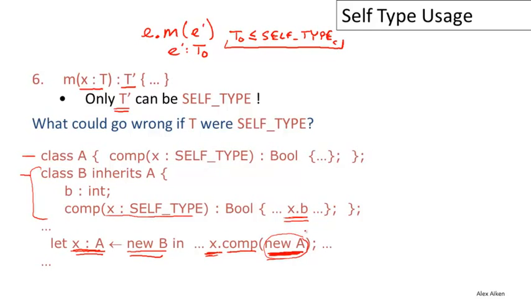Just to go over that one more time to make sure it's clear: here x has static type A but dynamic type B. The argument has static type A and dynamic type A. When this method gets invoked, the argument, which is of dynamic type A, does not have all the fields and methods of the class B, and it results in undefined behavior at runtime.